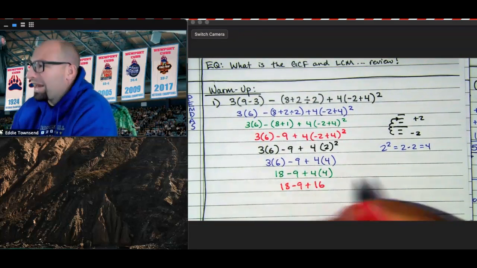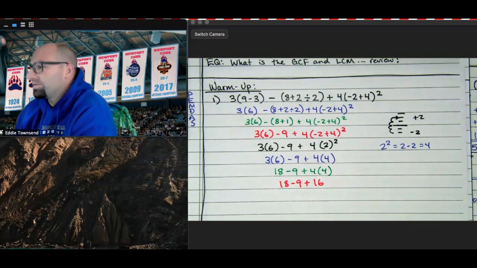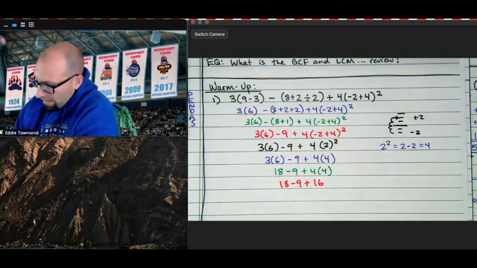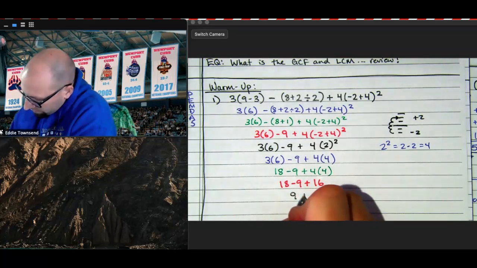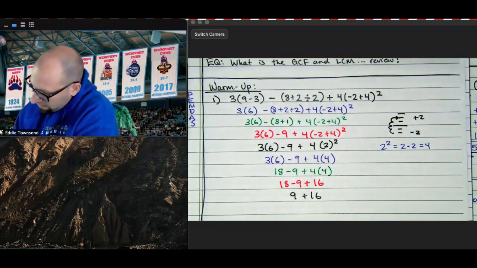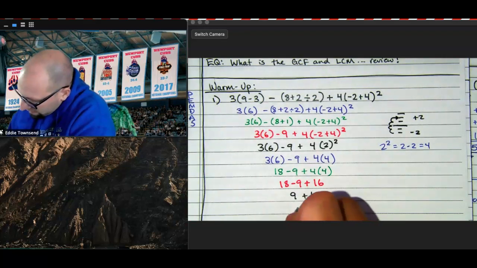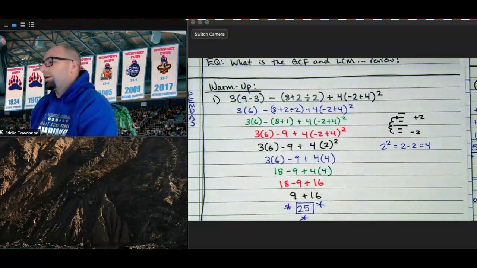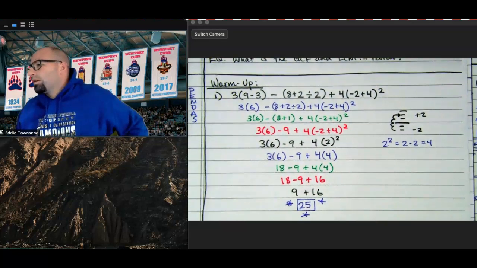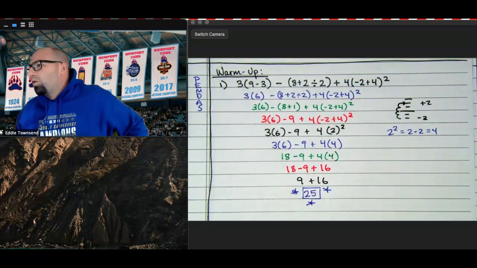The numbers and the signs, the operations. Okay, 18 minus 9 is 9 plus 16. And 9 plus 16 is 25. Right there. Okay, so go ahead and check your work.